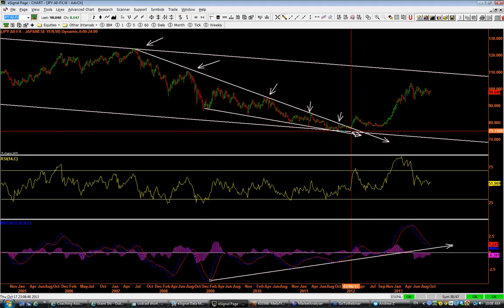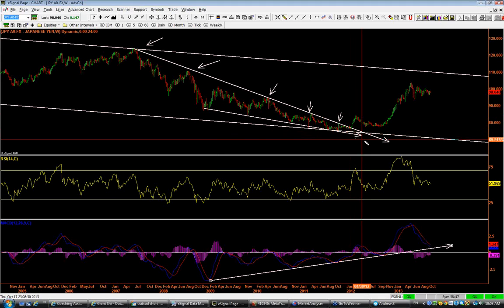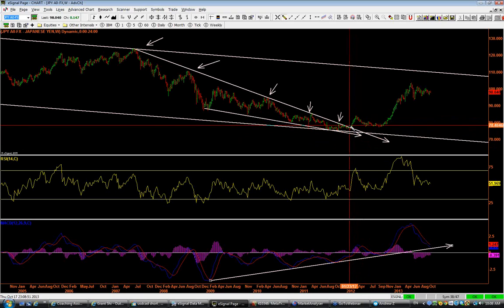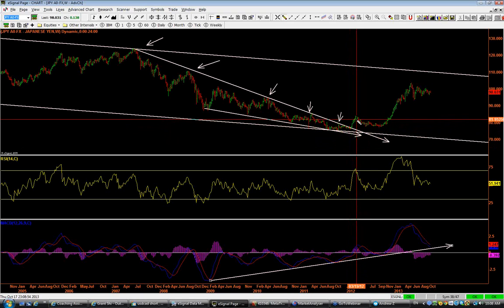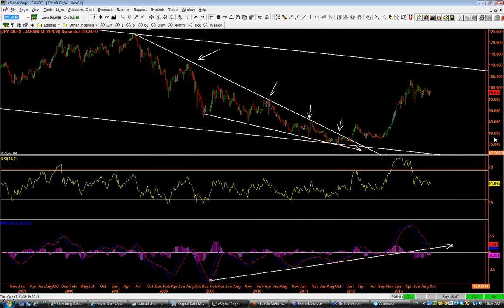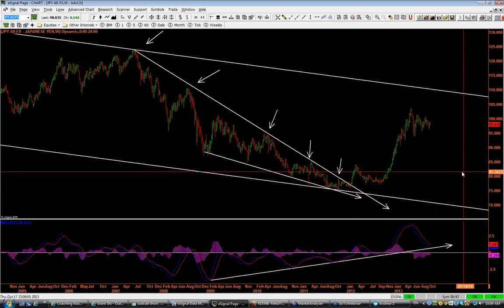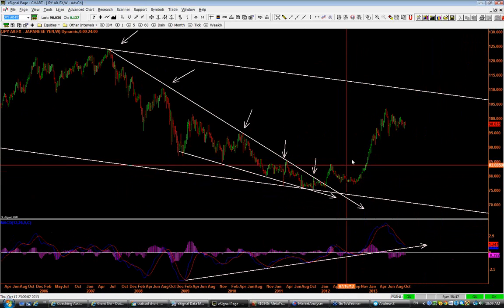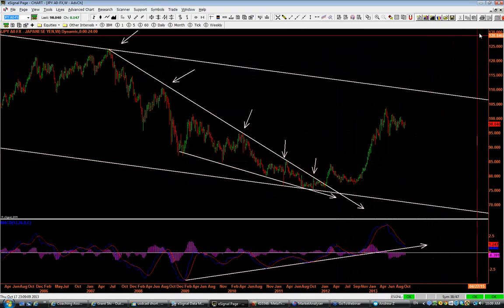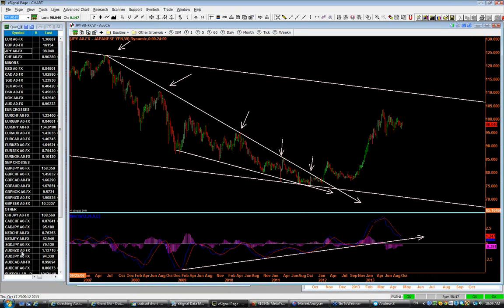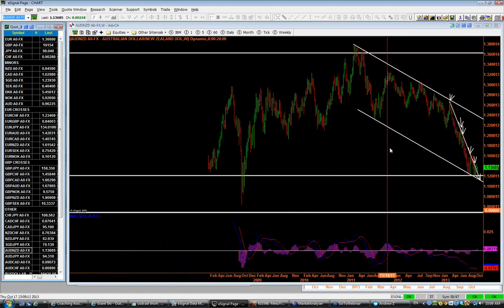What does it mean? It means when you see a very strong divergence, if the price breaks out of the downtrend, you should go up very, very strongly. So this is the pattern, which looks very similar to Aussie Kiwi.